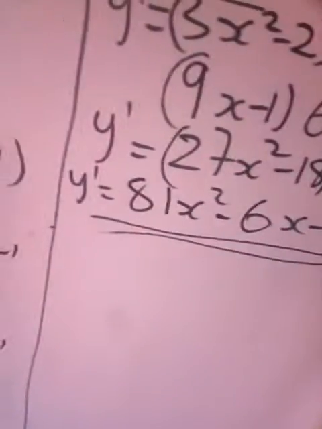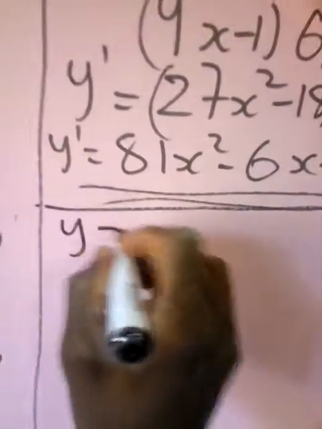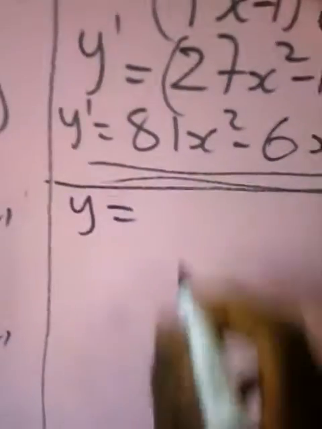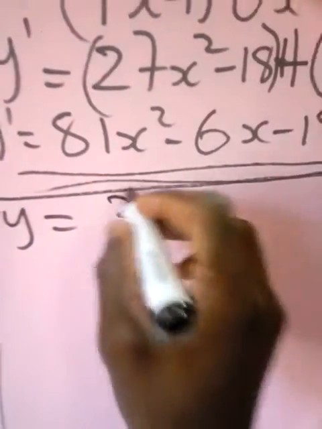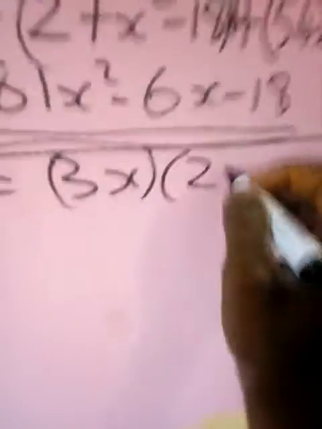So in the next video, I'll work on the quotient rule, chain rule, and the rest. But before then, let's take another example. Let's say that y is equal to 3x times 2x.